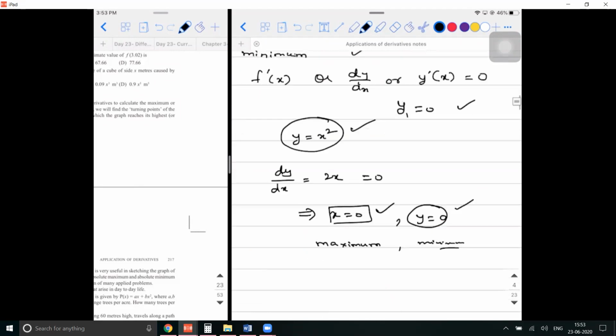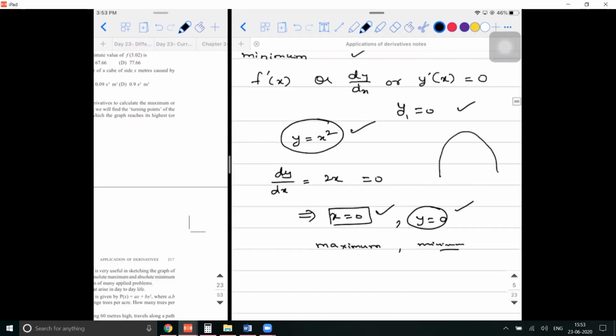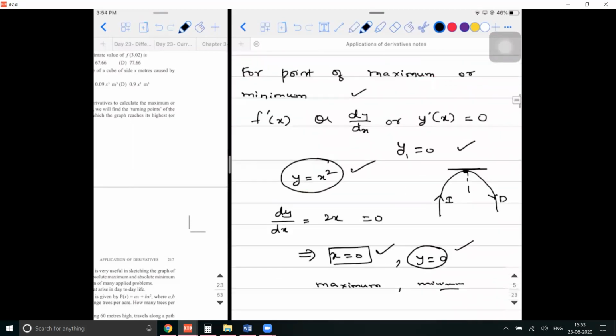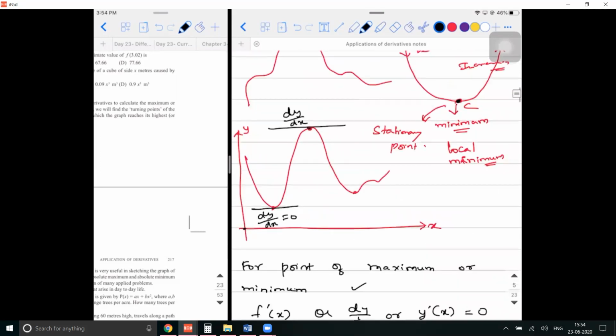So similarly, if I try to draw a curve like this, this is going to be the point of maximum. What is happening before the point of maximum? Increasing. It is increasing and then it is decreasing. So I found this value of x according to this question, x is equal to 0. So this is a stationary point, but I don't know whether the curve is like this or like this. Let us say we don't have any knowledge about it.